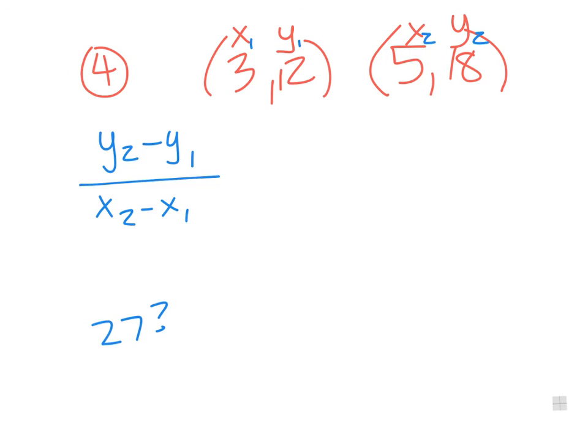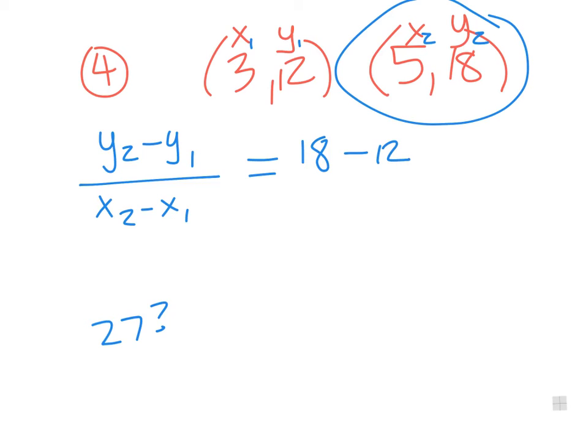You take one of the y's and subtract the other y, and then divide it by one of the x's minus the other x. Make sure whichever point you use first, you use first both top and bottom. So I labeled these my 2's, so I'm going to use these points first. I'm going to say 18 minus 12, because that's my other y, divided by 5 minus 3.